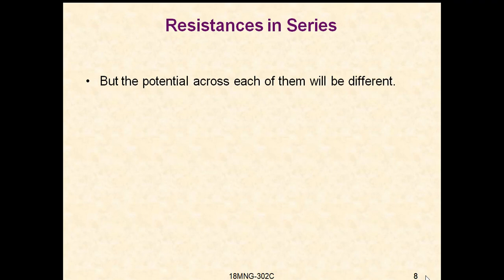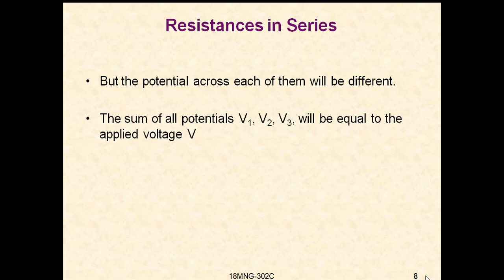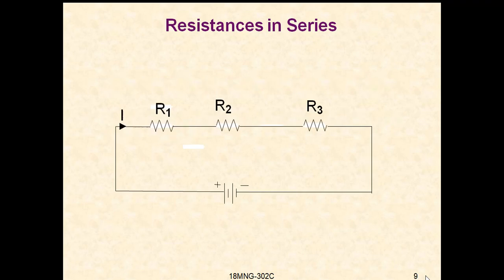But the potential across each of them will be different, and the sum of all potentials across the resistances, that is V1, V2 and V3, will be equal to the applied voltage V.